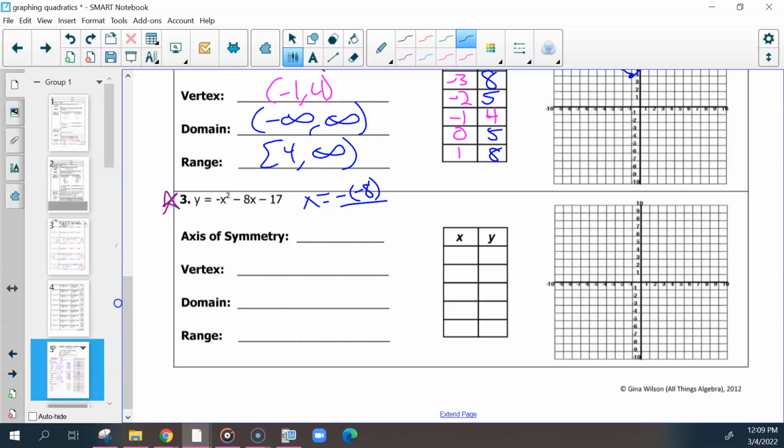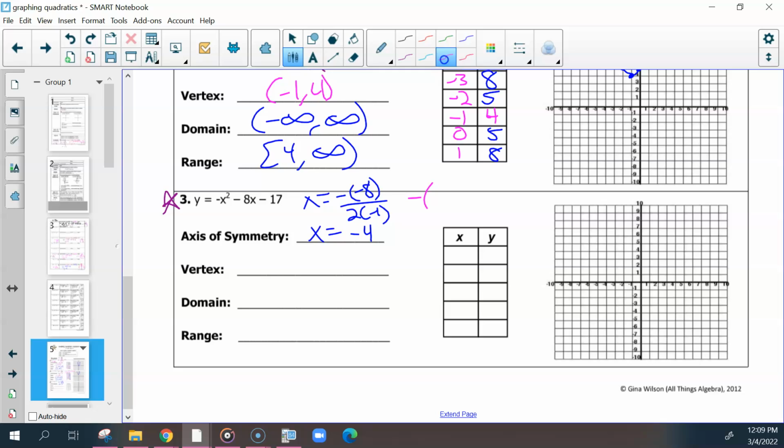That would just become a positive over 2 times negative 1. So x equals negative 4. And then we can put that in and find our vertex.